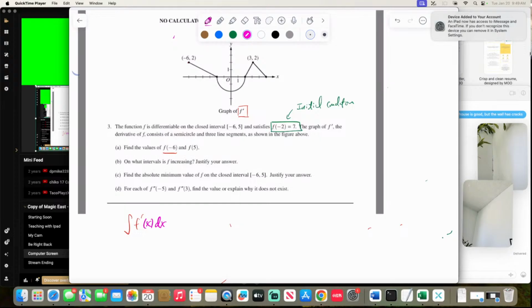The endpoint. I don't know how many times I have to say that, but -6 and 5, right? And since we already know what happened at -6, according to what we got earlier it is 3. Oh, we didn't do the other one. So f of 5.